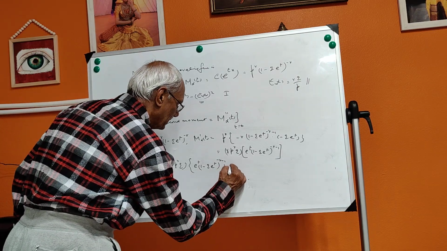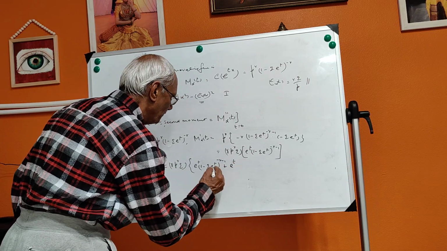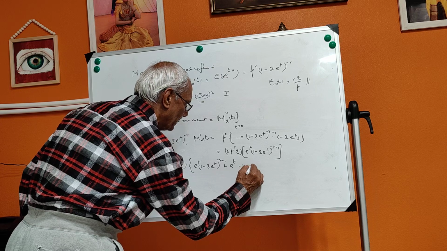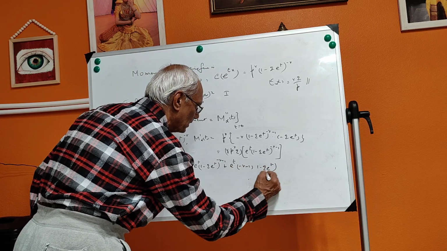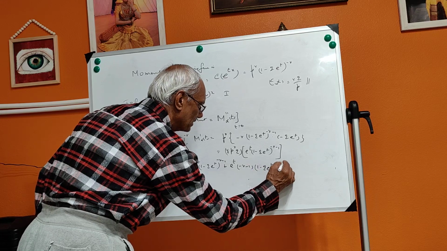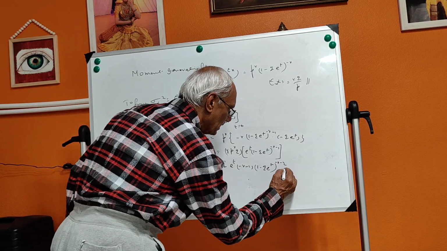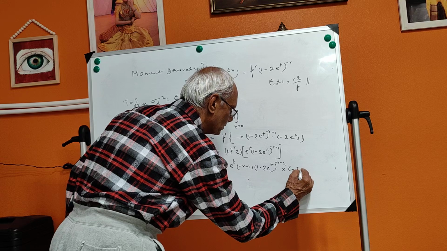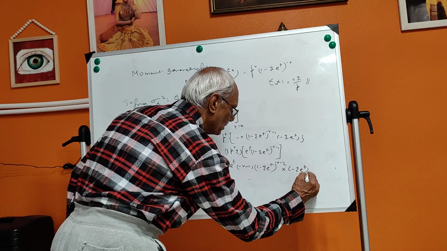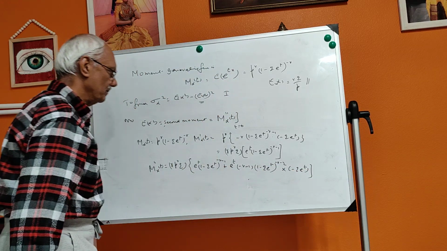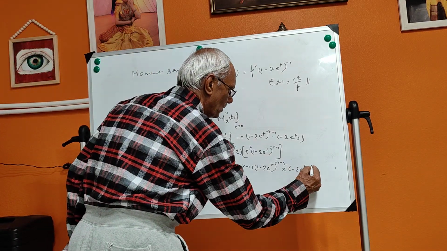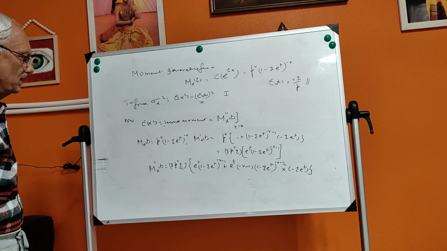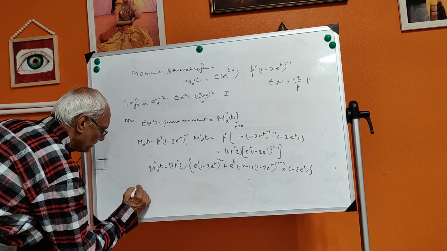Then plus e to the power of t, if you differentiate this, minus r minus 1, 1 minus q e to the power of t, minus r minus 2, into minus q into e to the power of t. Okay, this is what we have. Now let us not simplify this because there is no use simplifying this. So what is the second moment?